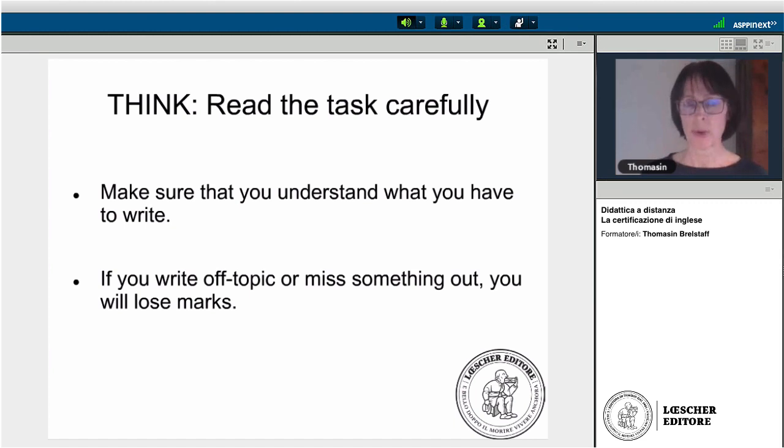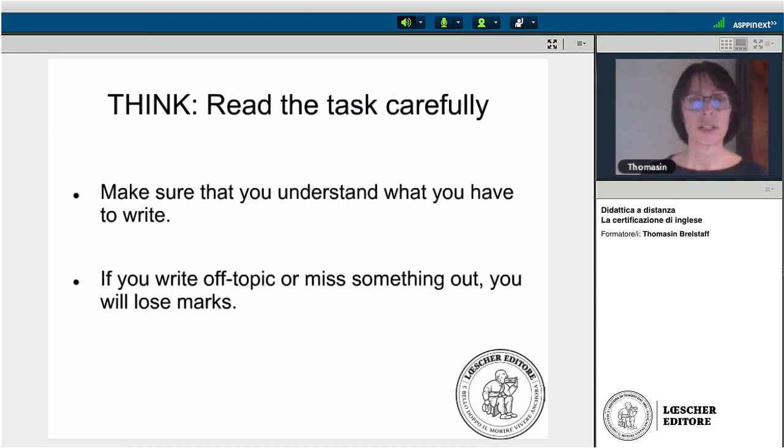To get a good mark for content, you need to address all the points in the task and not include irrelevant points. So, you read the task carefully, and it's also useful to underline the important words, the key words in the task, because this will help you focus on what you need to write about.